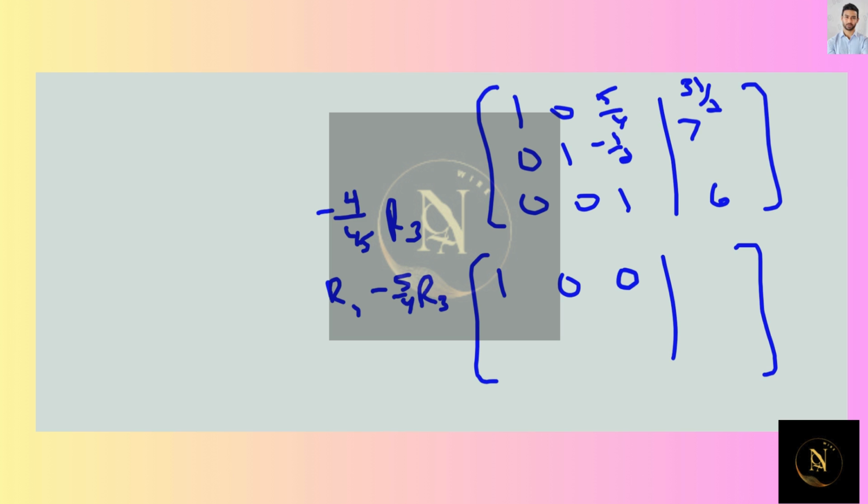And so we'd have 31 halves minus 5/4 of 6, which is 8.